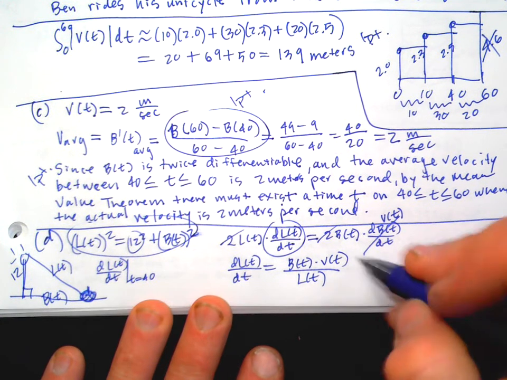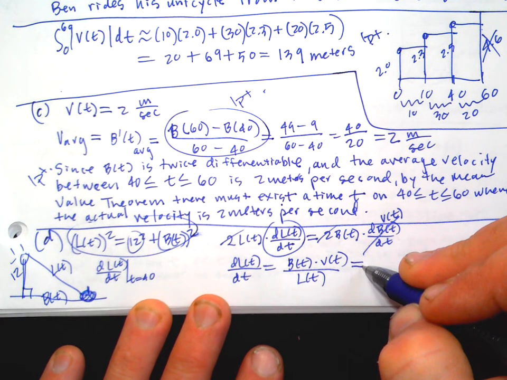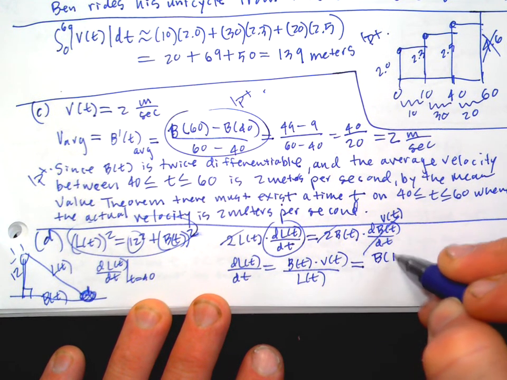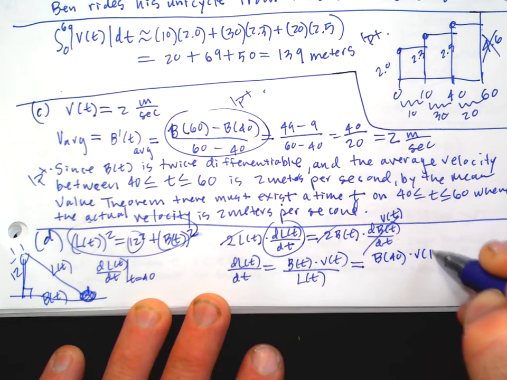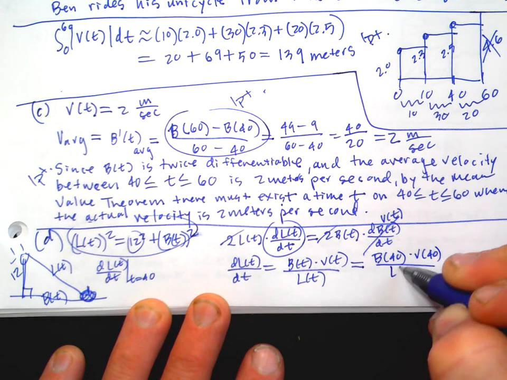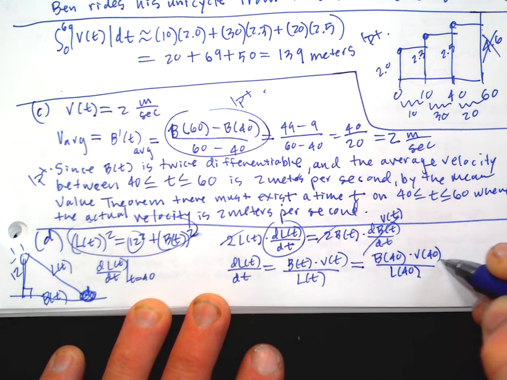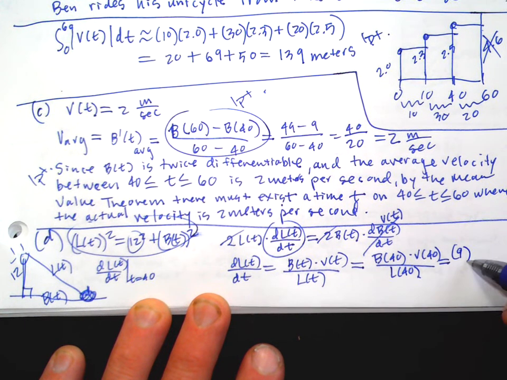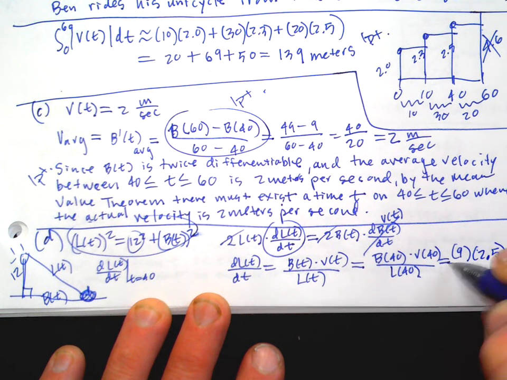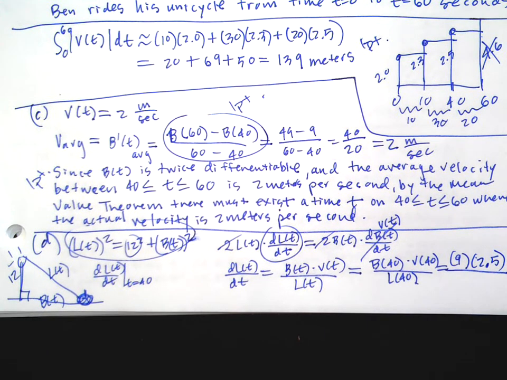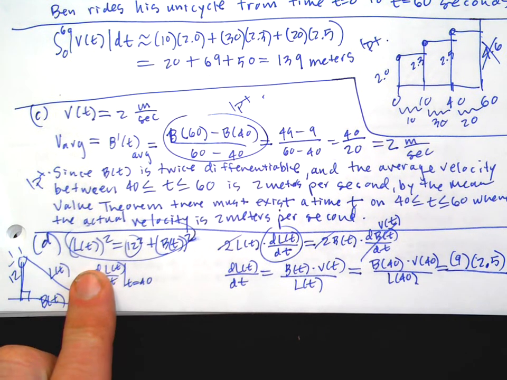We want to know what it is at 40 seconds. So we want to know B(40), V(40), and L(40). B(40) from the table up above is 9. V(40) from the table up above is 2.5. And then what is L(40)? Well, it comes from this, right?